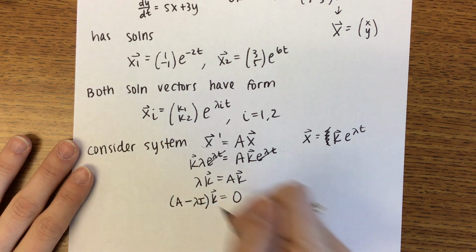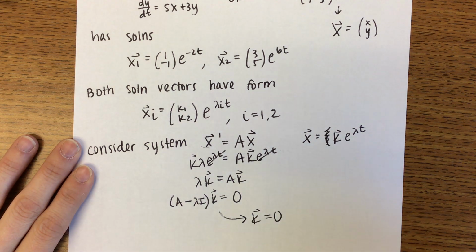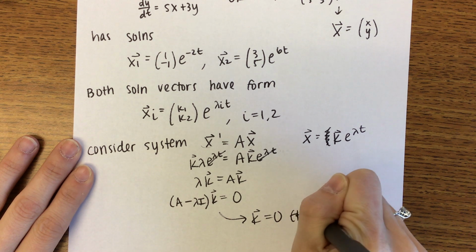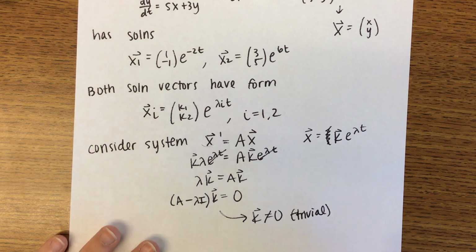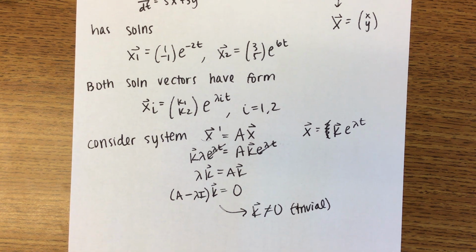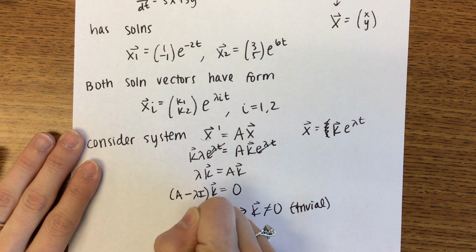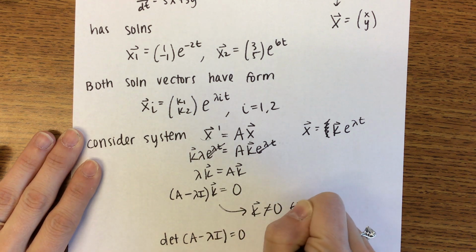Okay, so then we talked about this has two solutions. One solution it has is that k equals 0. That's a trivial solution though, so we don't care about that one. So we're going to say that k does not equal 0 because we don't want the trivial solution. Instead, what we want is for the determinant of A minus λI to be equal to 0.